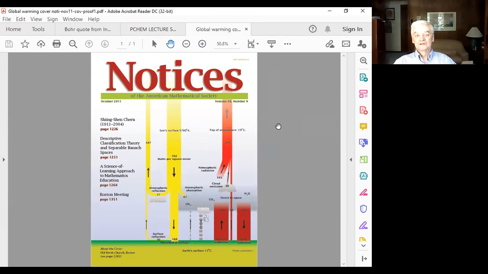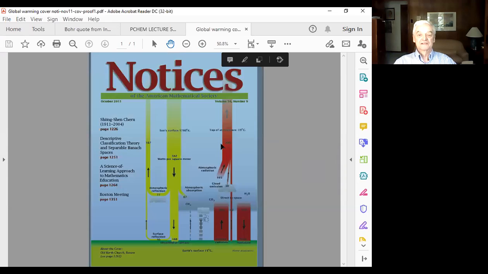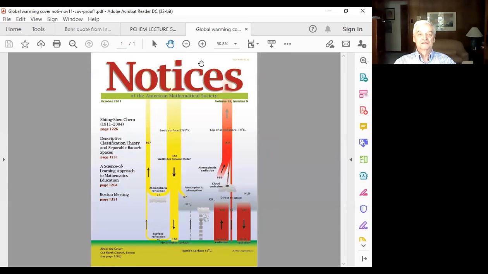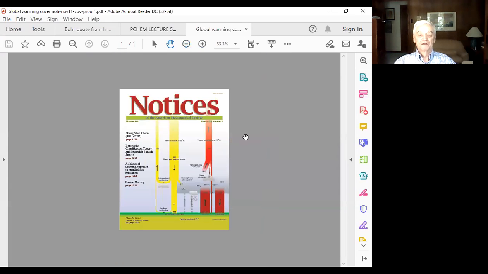After the conference, the two of us were invited to write an article on the science of global warming, or the mathematics of global warming. And so that's basically what's shown on this cover here. This is a cover of that journal highlighting what we're going to talk about within the article.